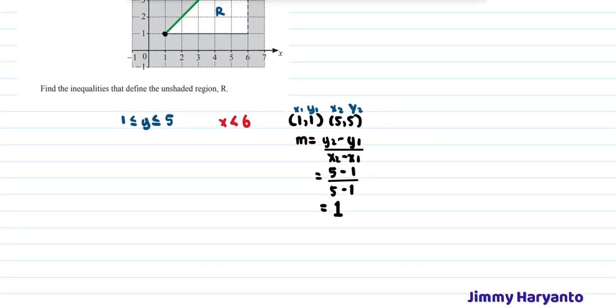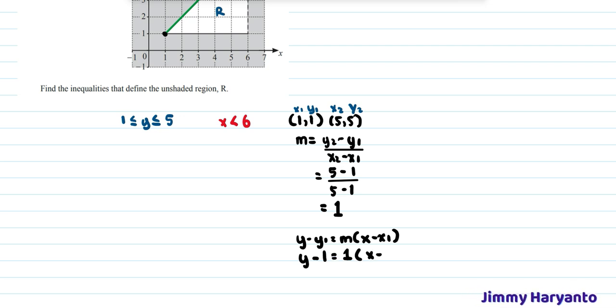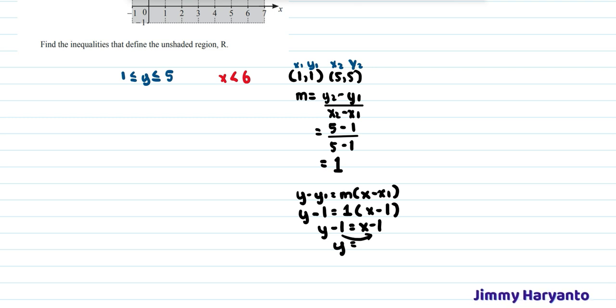This is the gradient. The next step will be y minus y1 equals m open brackets x minus x1. That means y minus 1 equals the gradient 1, times x minus x1 equals 1. So you'll have y minus 1 equals x minus 1, and then you move the negative 1 to the right hand side.